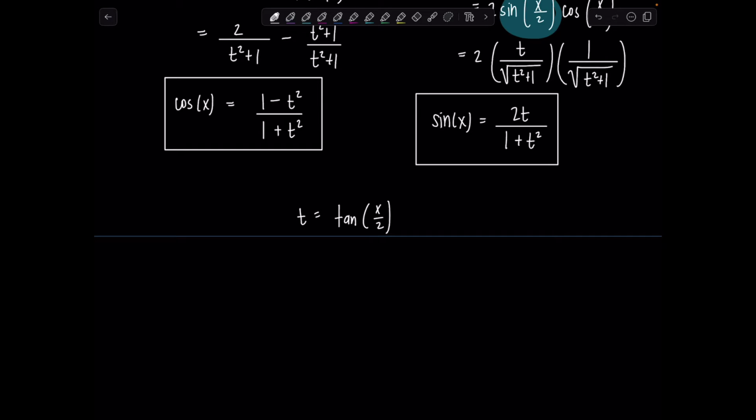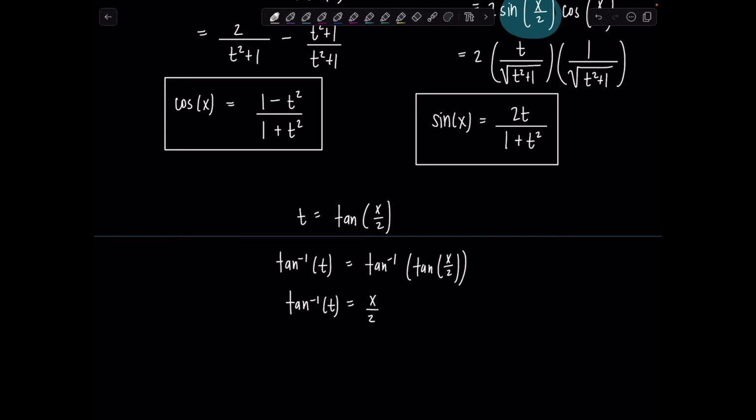So I'm allowed to take tan inverse or apply tan inverse to both sides. So we have tan inverse of t equals, and then tan inverse of tangent of x over 2. And then here we're just going to have x over 2 equals tan inverse of t.